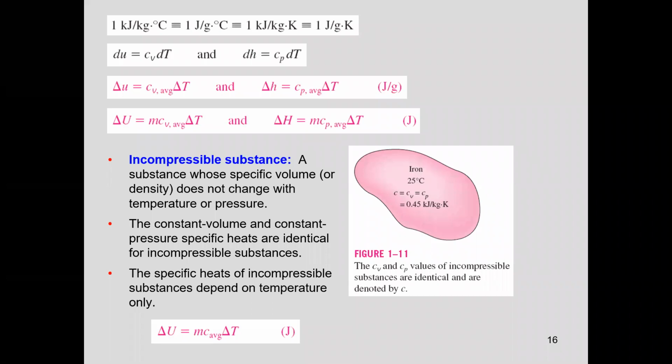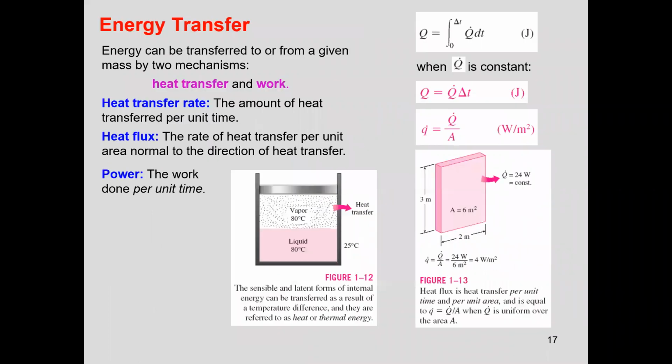So the change of internal energy, or the enthalpy, can be very easily predicted from the specific heat. Much of these things we'll be dealing with in a different course. But now we need to focus more on energy transfer.